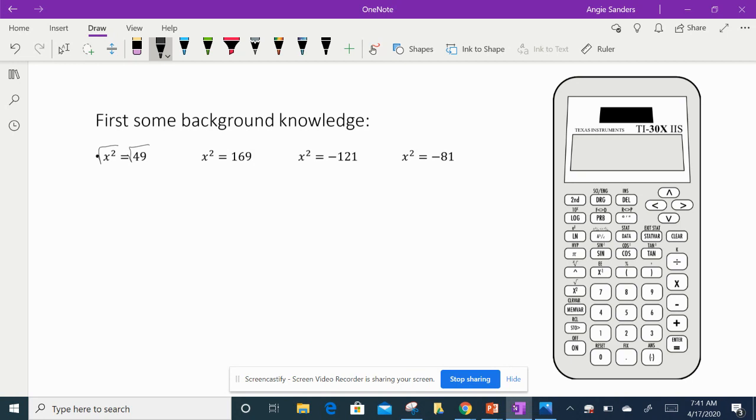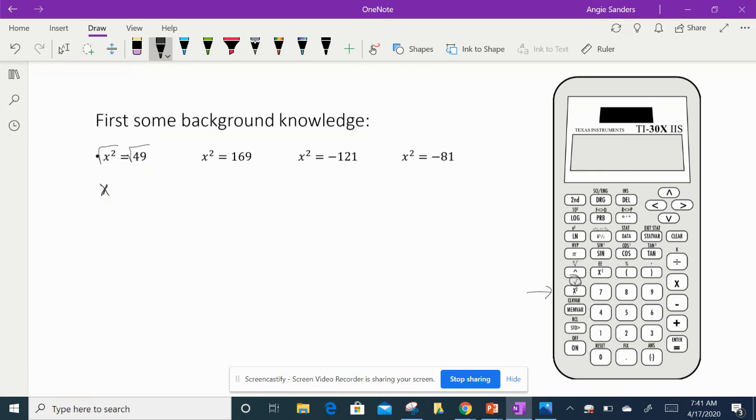Taking the square root of something squared just makes that a value of x. However, when I use my calculator, you're going to type in the square root, which is right up here. It's the squared button, but it's written right above that. So we're going to hit the second button and then the squared button and then type in 49.